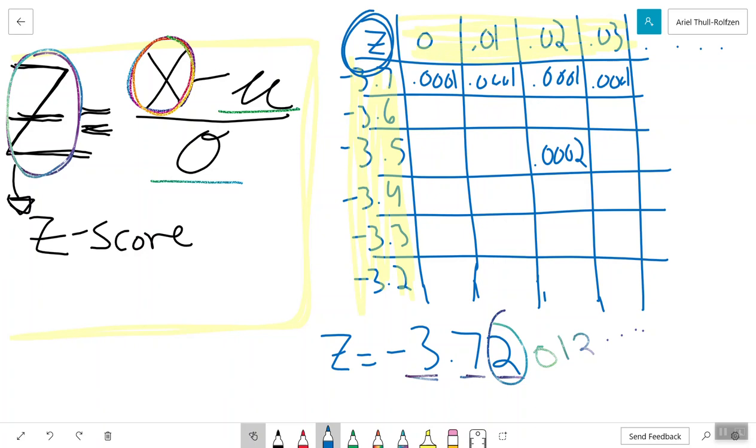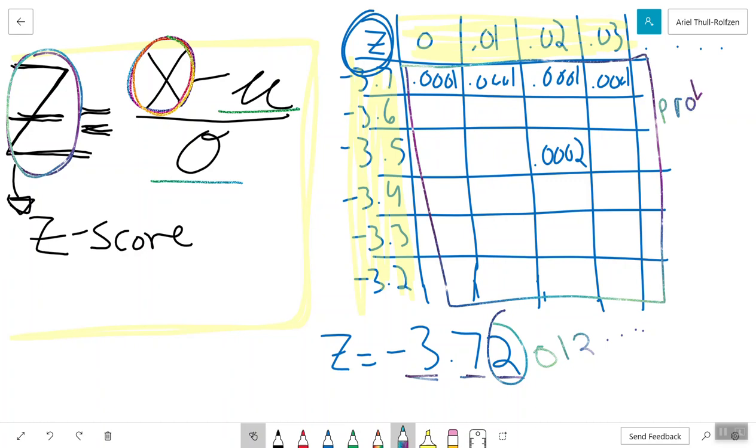And the values in the middle, what I like to call the body in here, those values are probabilities associated with our z-scores.